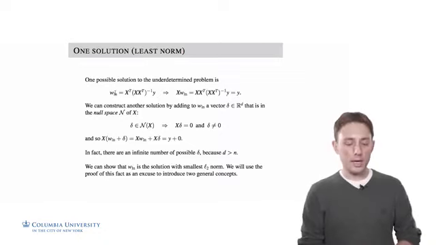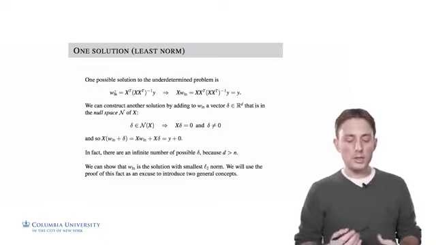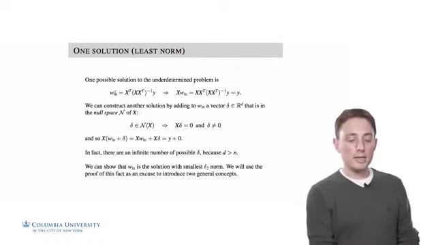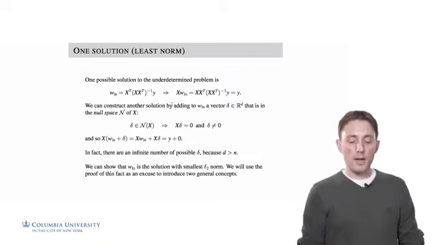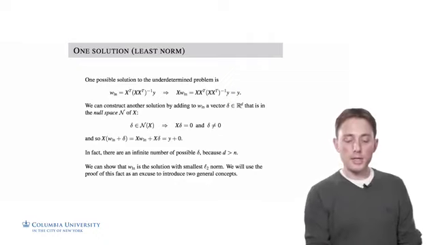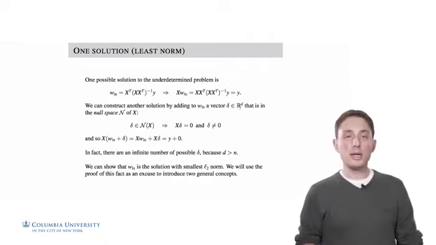And so how can we do that? To this end, what we can do is represent any other possible solution to this problem as the sum of the least norm solution and some vector in R^d that is in the null space of x.